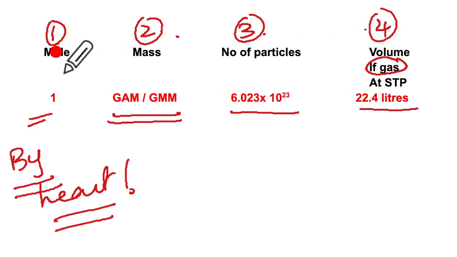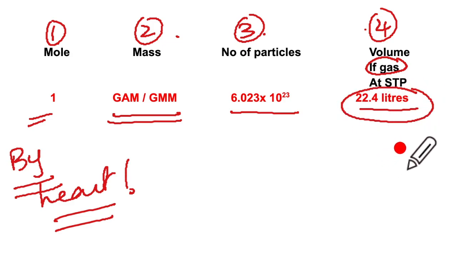Once again, 1 mole has mass equal to gram atomic mass or gram molecular mass if it's an element or compound. Number of particles means they will be atoms, molecules or ions. They will be 6.023 × 10^23. And if it is a gas, then it will occupy how much volume?